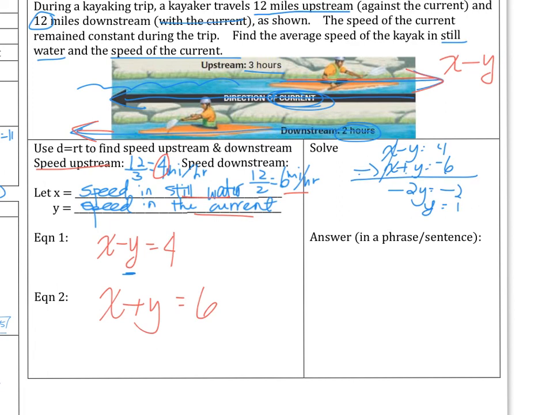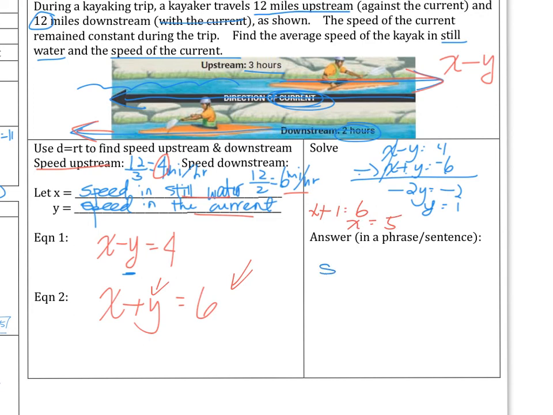And I'm going to use this second equation here. It doesn't matter. I'm going to plug in 1 for y. So x will be 5. Let me write my final answer now.